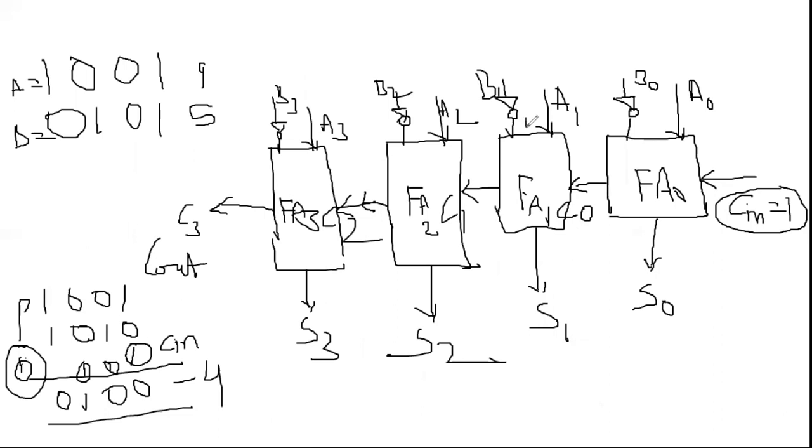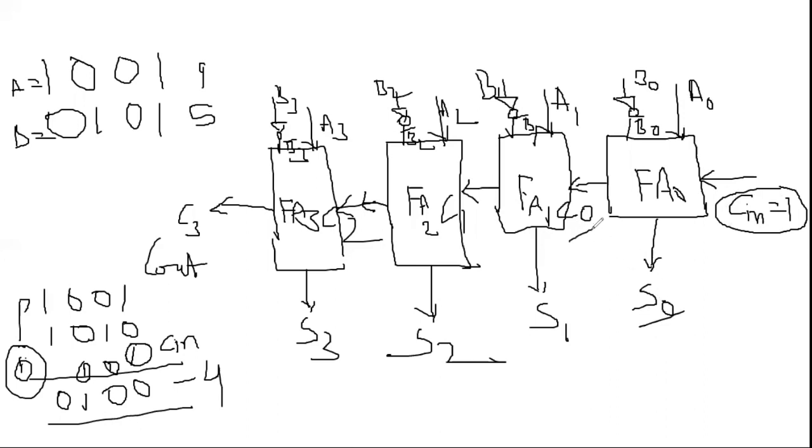After the inverters, we get B naught bar, B1 bar, B2 bar and B3 bar. So the first full adder is taking A naught, B naught bar and Cin is 1.